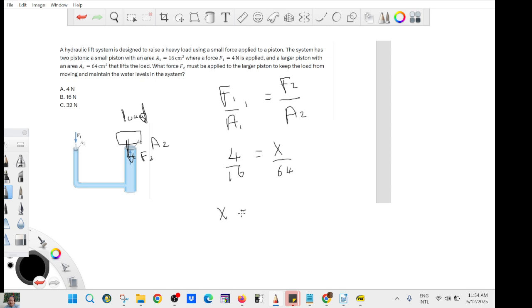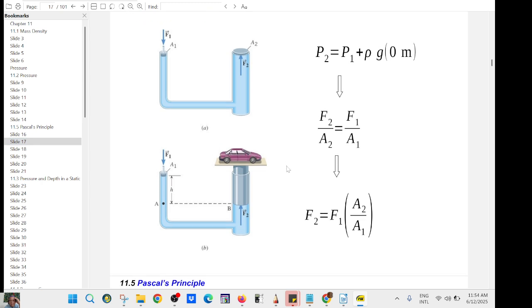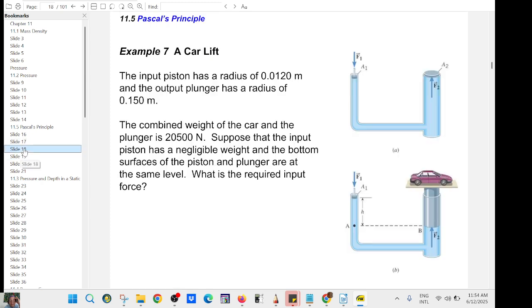Okay, so X equals 64 times 4 over 16, which is 64 divided by 4, which is 16 Newton. So the answer is 16 Newton here. Okay, so again, this is called Pascal's principle. You have the relationship here. This comes from the book Johnson and Cantnell Physics, which I recommend for the MCAT, and you see you have problems like this.